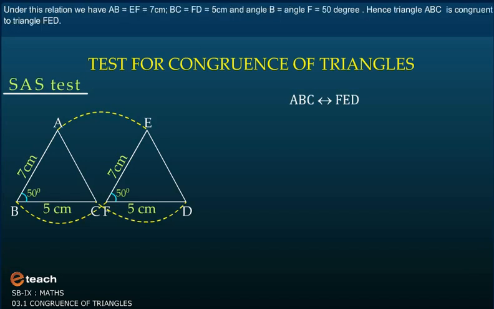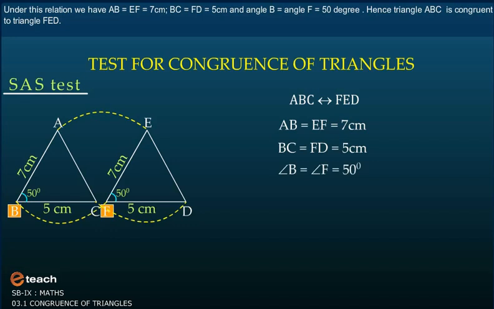Under this relation, we have AB equal to EF equal to 7 cm, BC equal to FD equal to 5 cm, and angle B equal to angle F equal to 50 degrees. Hence, triangle ABC is congruent to triangle FED.